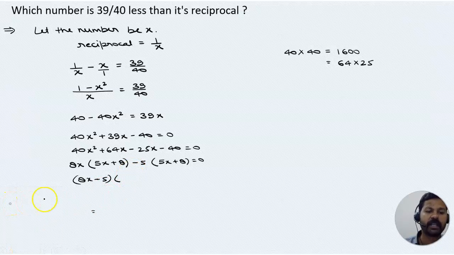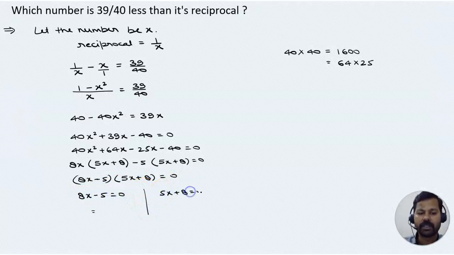When we simplified it, we got here 8x minus 5 and 5x plus 8 equals to 0. We'll equate both these factors equal to 0. When we put 8x minus 5 equals to 0 and 5x plus 8 equals to 0, we'll get the value of x from the first factor as x equals to 5 upon 8.